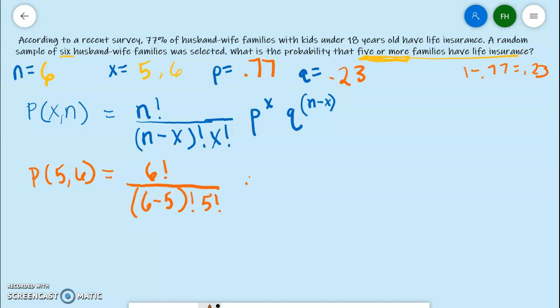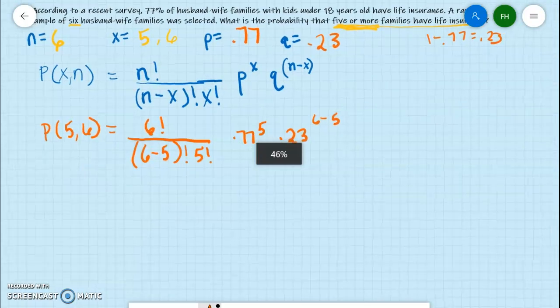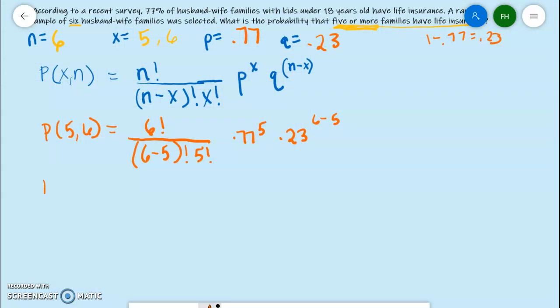We know that P is 0.77 and X for our first one is 5. And then here we would do 6 minus 5. So let's simplify this. Here on the bottom, we end up with 6 minus 5 would be 1 factorial and 5 factorial.